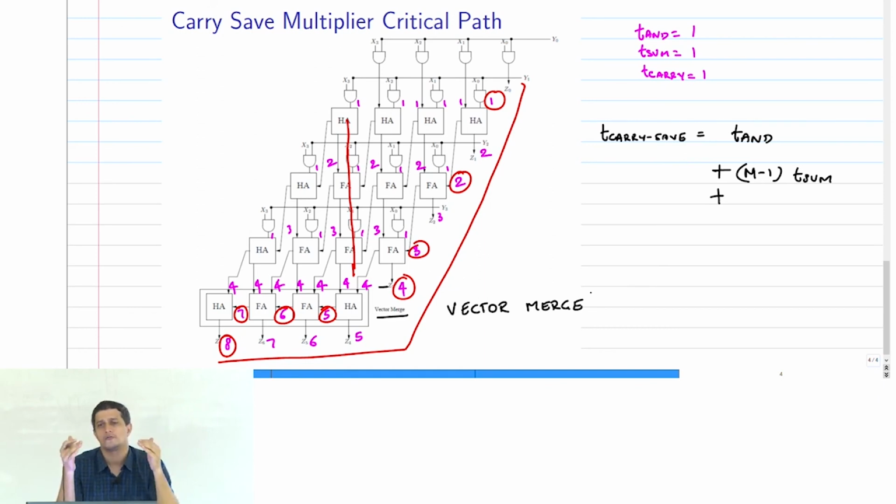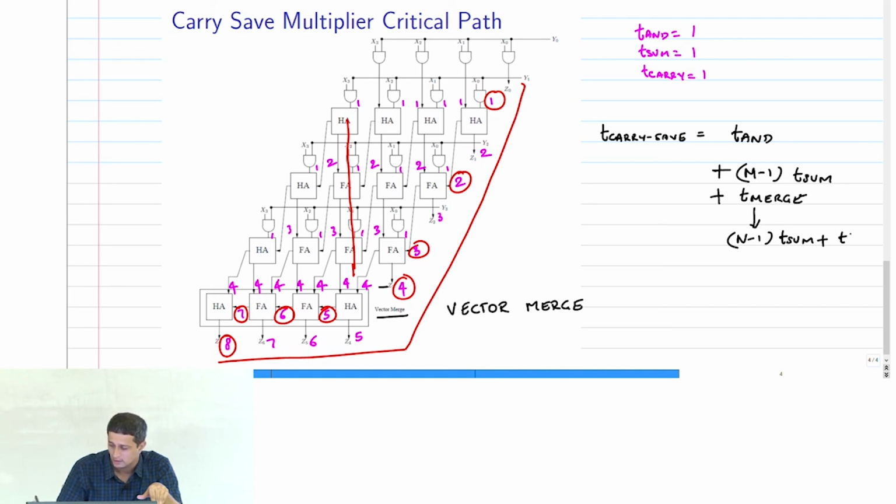So therefore, the final stage you can speed up by making it some other adder, a carry select or a carry skip or even a carry look ahead adder, right? So we'll simply call this T merge delay. Now depending on what architecture of adder you choose, it will be O of n or O of n minus 1. If it's a ripple adder, then this will simply be n minus 1 T sum plus T carry.